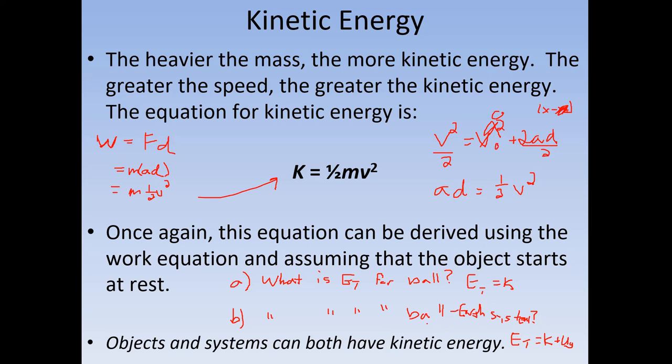So you might actually see a question that says something like the ball-earth-spring system. Now that seems complicated, but what that means is the ball carries the kinetic, the earth carries the gravitational potential, the spring carries the spring potential, and so on.